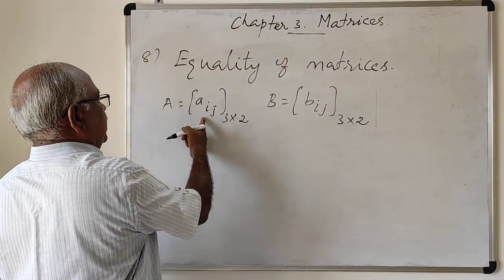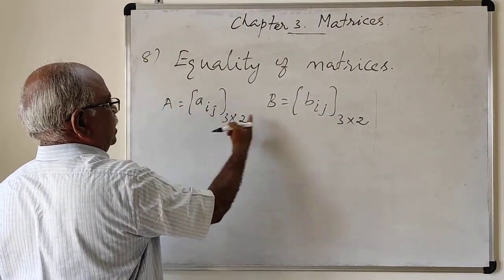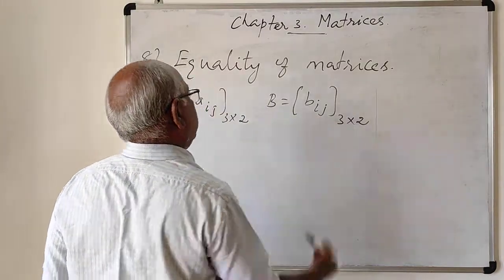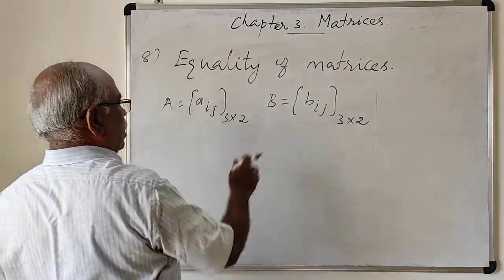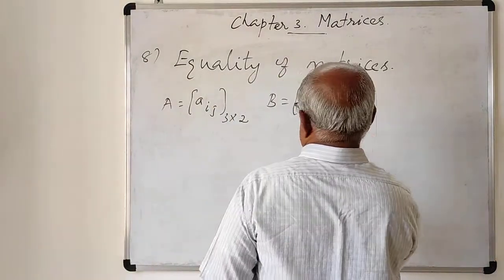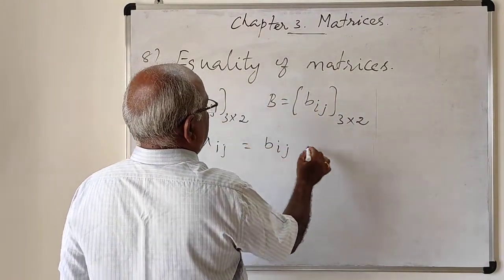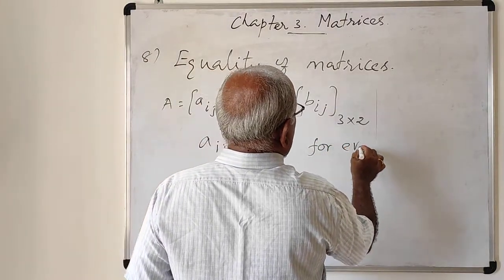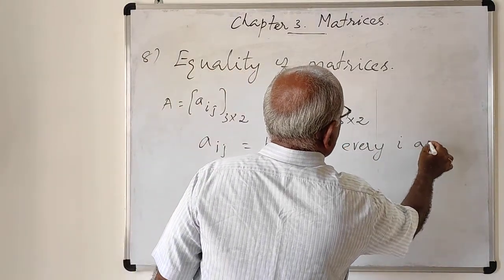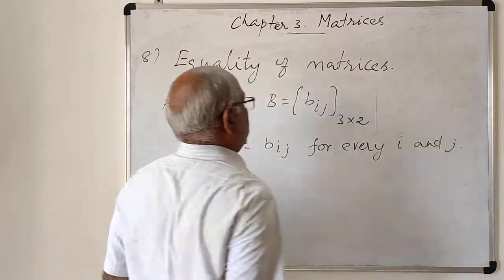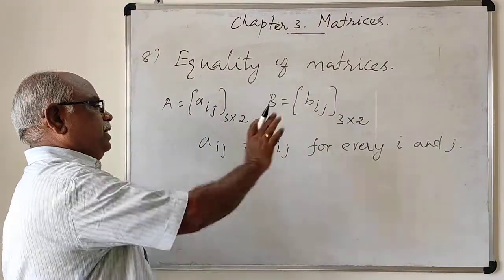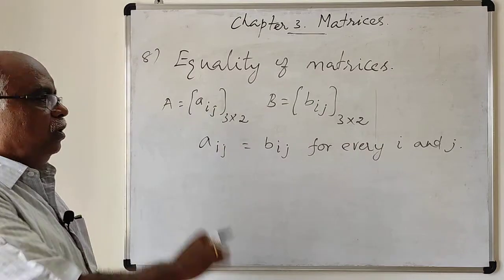See, A is a matrix of order 3 by 2, Aij. B is a matrix of order 3 by 2, elements Bij. They are of same order and also elements are equal. That is, Aij equal to Bij for every i and j. That is the definition of equality of matrices. For every i and j, element-wise they are equal.